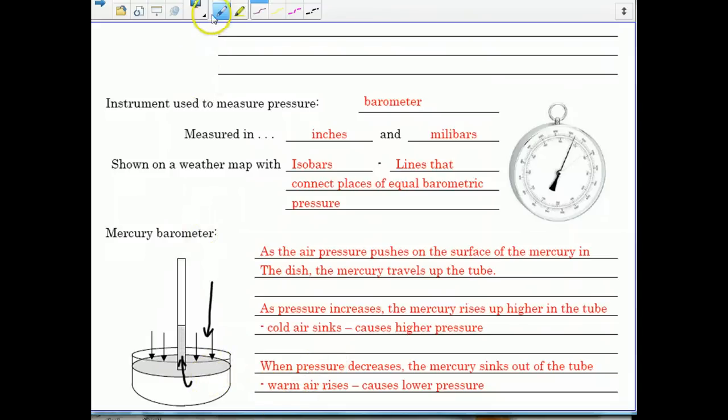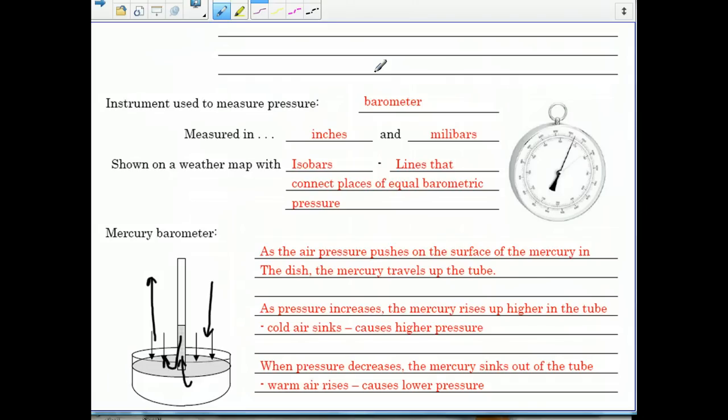If you have the pressure drop, this is going to go down. The air is rising. There's less pressure pushing down on this. The air is rising above this basically, and that forces this column to drop and fill up this tub. And that's pressure and temperature.